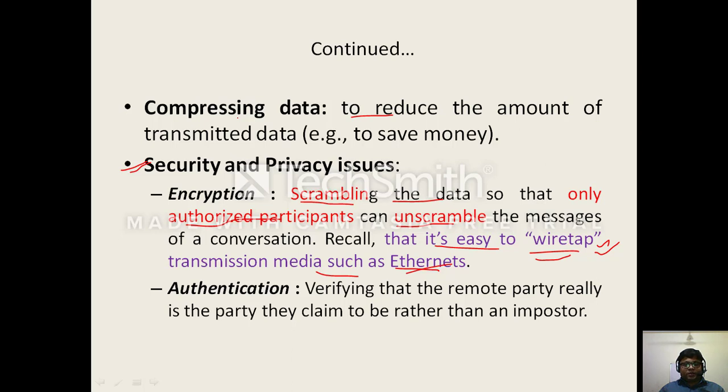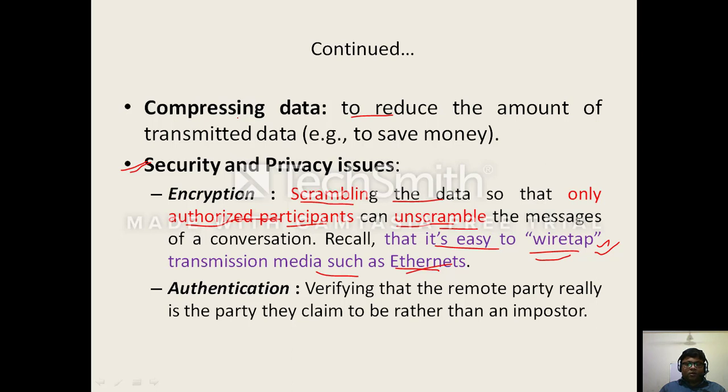So if the data is encrypted, even though that will be received by some other parties, he should not be able to unscramble that. The scrambling of the data should be done in such a way that only authorized participants can unscramble.